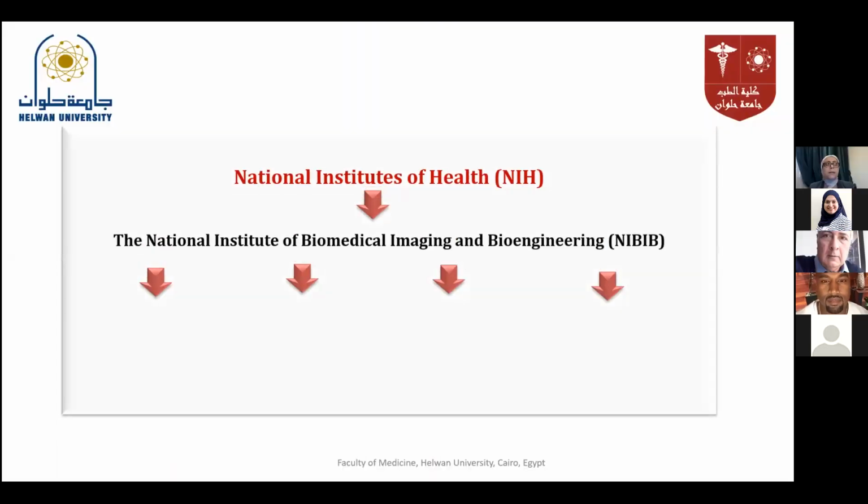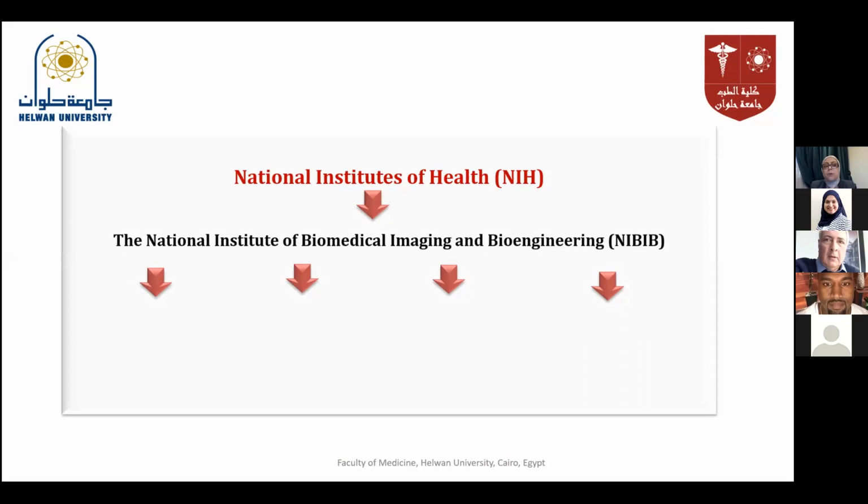To know what's the future, to foresee the future, we should know what our research projects are, how the global health professionals are thinking, and what are the major projects in the globe. The National Institutes of Health are 27 institutes.